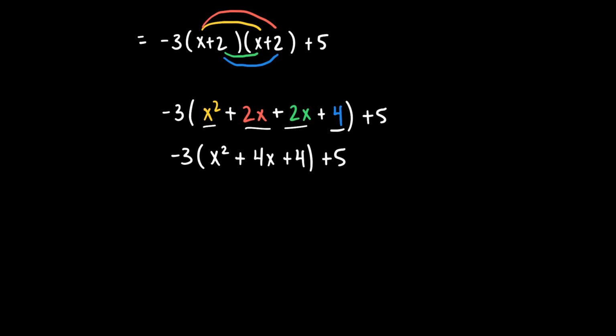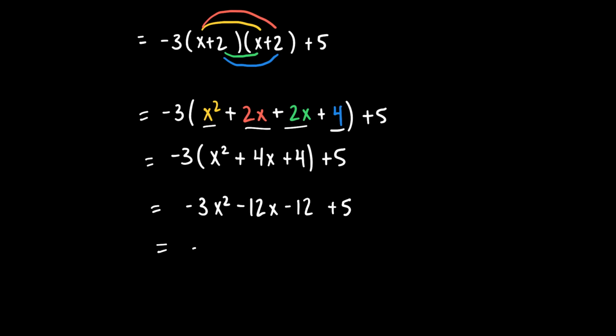Let's go ahead and distribute that negative 3. So everything inside this parentheses is going to get multiplied by negative 3. Equals, I keep forgetting my equal signs. This is going to be negative 3x squared minus 12x, getting the minus 12x from doing negative 3 times 4x. And if we do negative 3 times 4, we will get minus 12. So that's everything in the parentheses there, and then don't forget the plus 5 here.